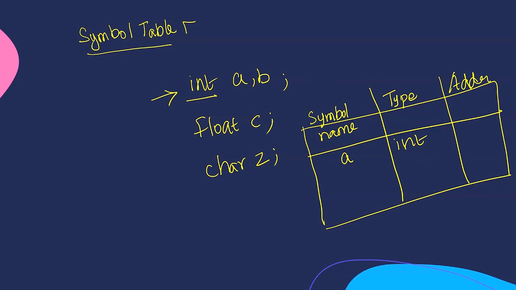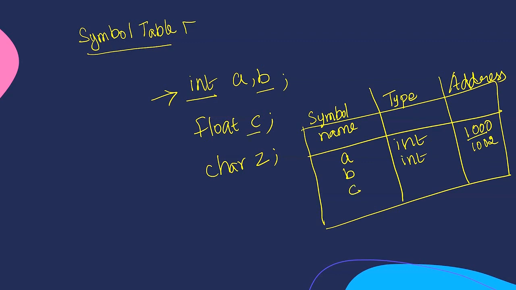Let us assume that this identifier a is stored at the address 1000. This address depends upon the address space that is available in the memory. As an example, I am mentioning it as 1000. Then the next identifier is b. An entry is created with its type integer. Since an integer will occupy 2 bytes, I am storing b at address 1002.